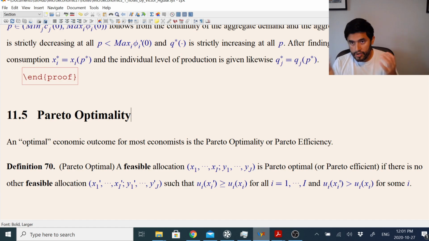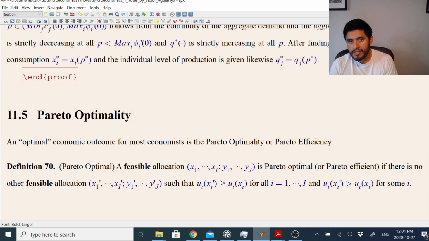This is a strict relation, so this will make the allocation X prime strictly preferred in the Pareto rank to the allocation XY. Now, Pareto optimality means that the allocation XY is such that there is no feasible allocation in the economy that Pareto dominates it, okay?